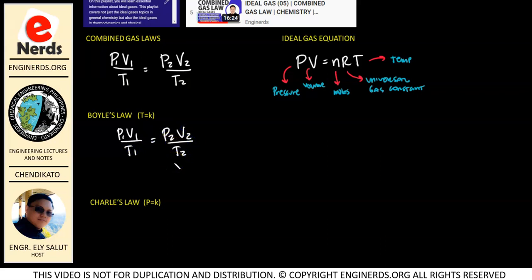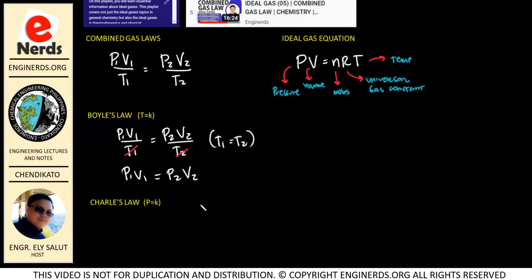And we said that our ideal gas is in a constant temperature process. So therefore, our T1 is equal to T2. In that case, our temperature will be cancelled out. And then that leaves us P1V1 is equal to P2V2.